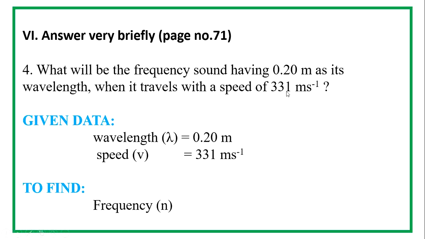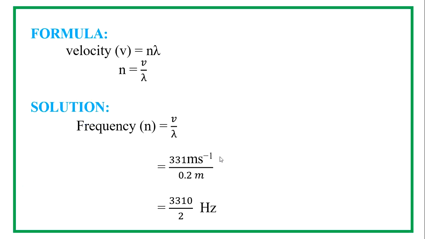And then the speed is given as 331 m s minus 1. So given data, wavelength lambda is equal to 0.20 meter and speed v is equal to 331 m s minus 1. We have to find out frequency n. The formula relating velocity, wavelength and frequency is v is equal to n lambda. From this we can derive the frequency. So frequency n is equal to v by lambda.